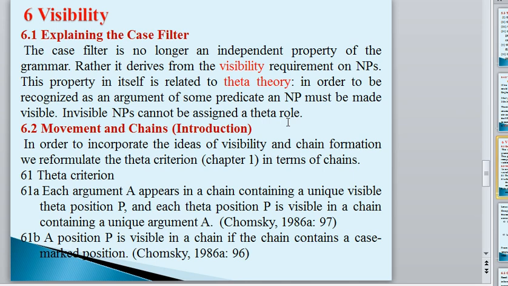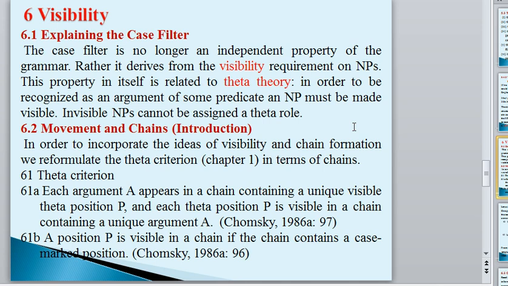In order to be recognized as an argument of some predicate, an NP must be made visible. Invisible NPs cannot be assigned a theta role. So there is a relationship between visibility and theta theory.